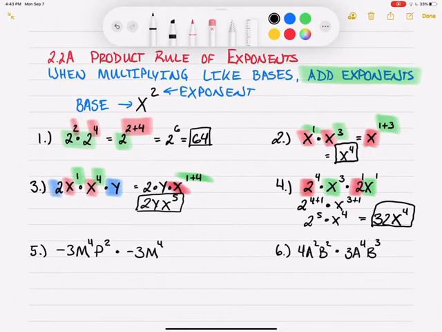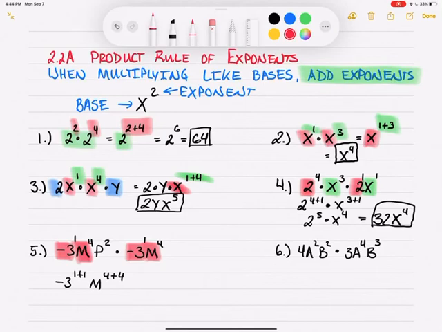In example 5, I have a few like bases. I have -3 and -3. Both of them are to the first power, right? So this would be -3 to the 1 plus 1 power. Then I have m to the fourth and m to the fourth. This becomes m to the 4 plus 4 power.